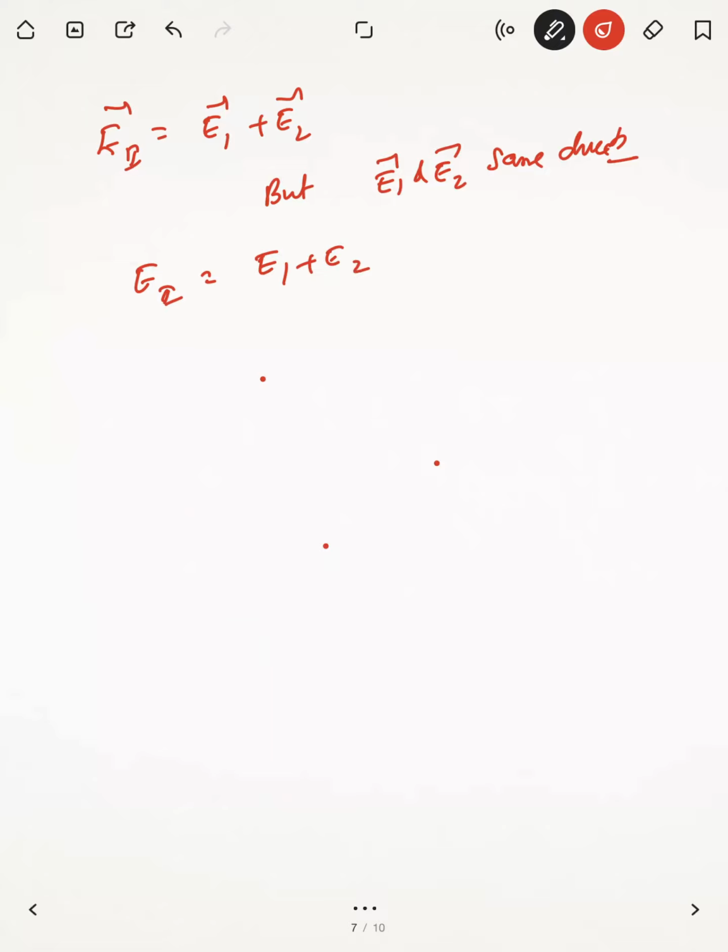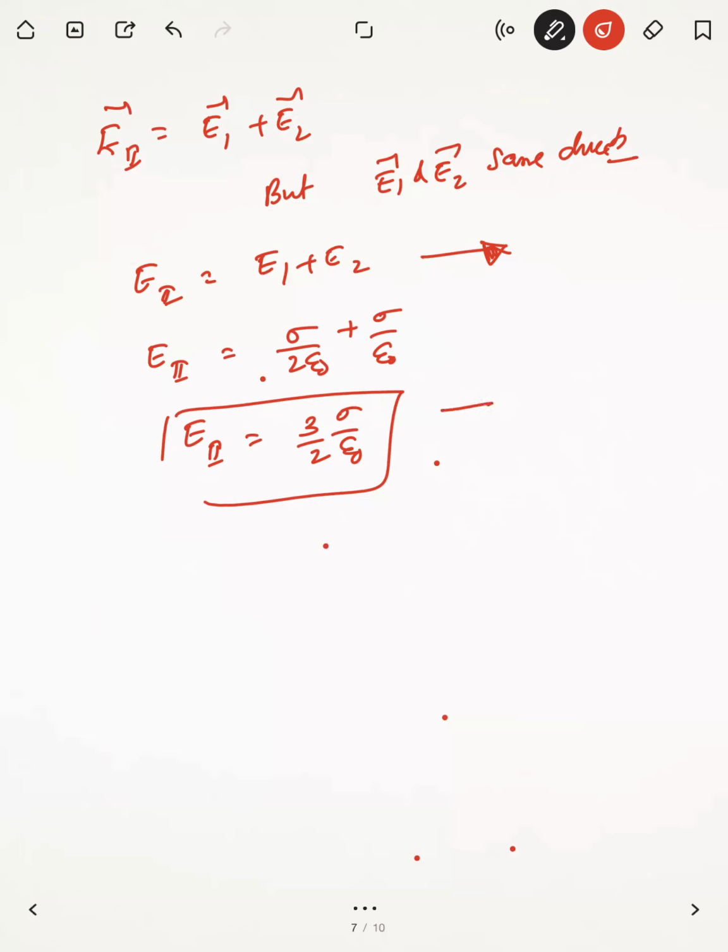The direction is toward the right side. So in the second region the first electric field is sigma by 2 epsilon 0 and the second is sigma by epsilon 0, that is 1 and a half, equal to 3 by 2 sigma by epsilon 0. This is the electric field in the second region, directed toward the right side. This was a board question in 2015.